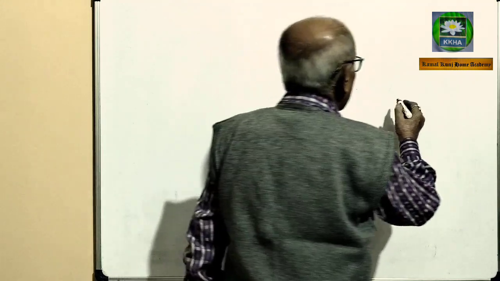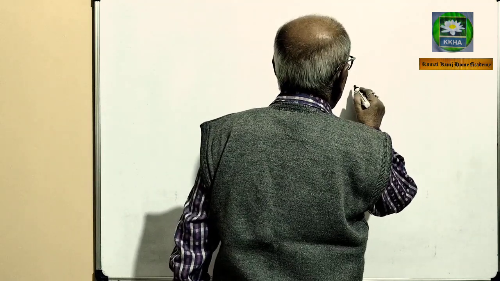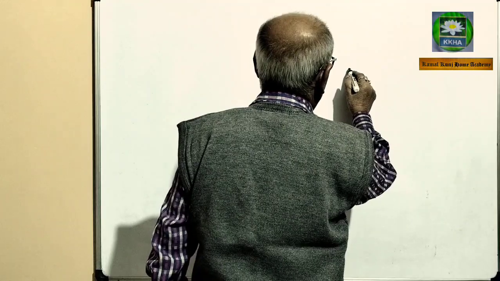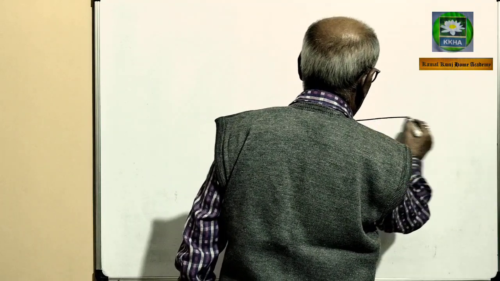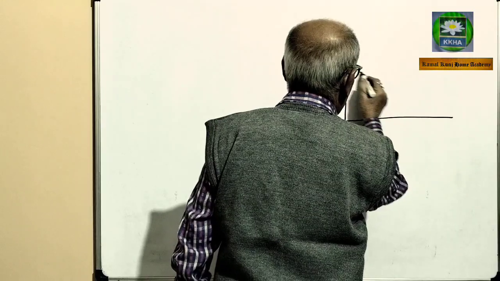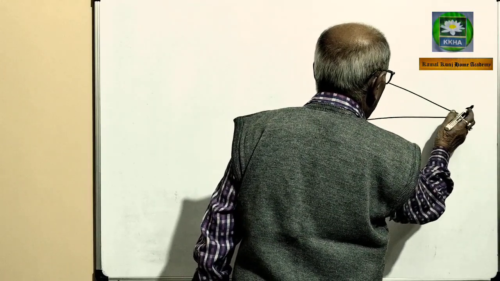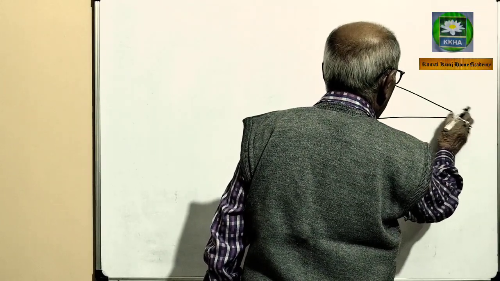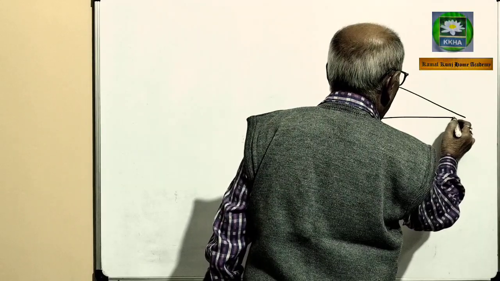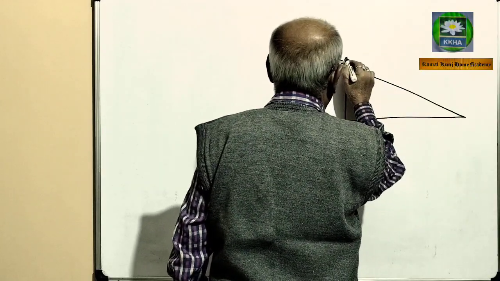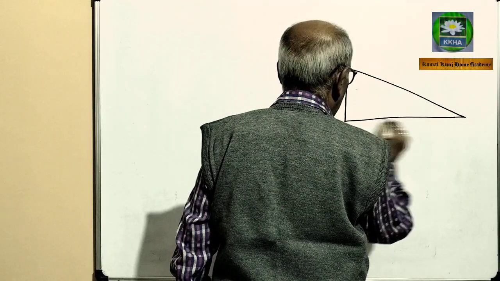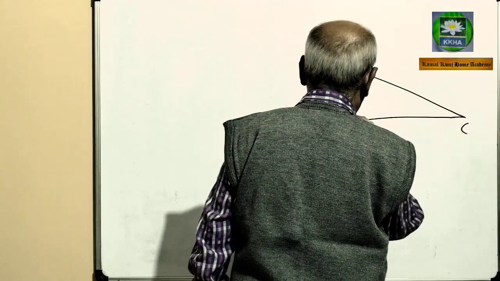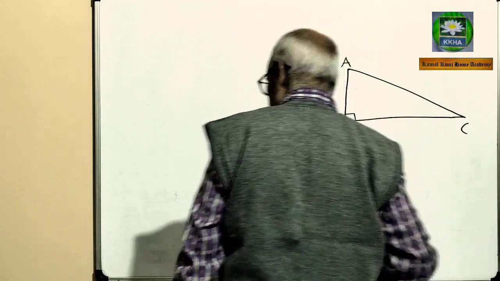Here, given a right triangle ABC. What is given here?